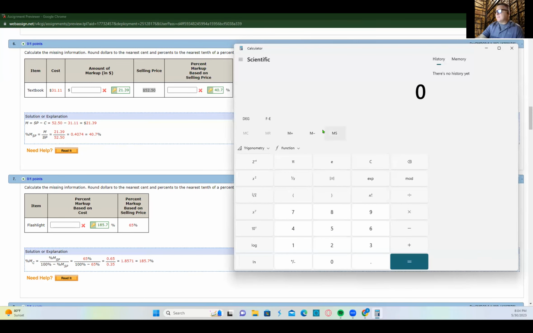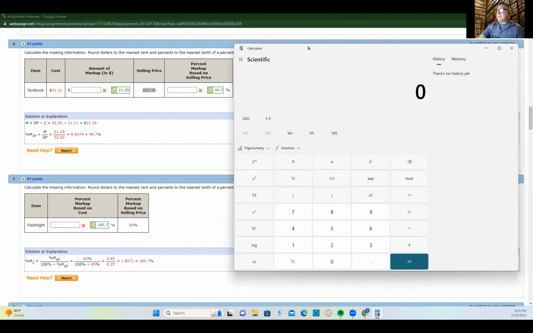Okay, are these numbers the same as yours, Sydney? No, they're off by $1. They're going to be really similar.